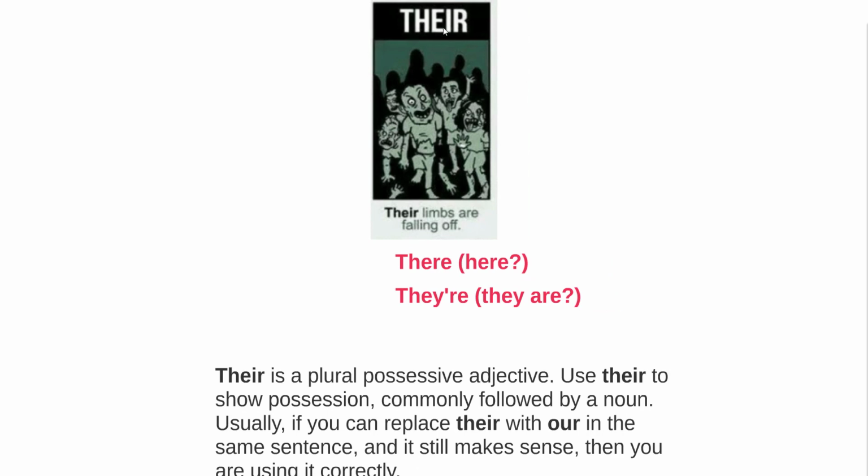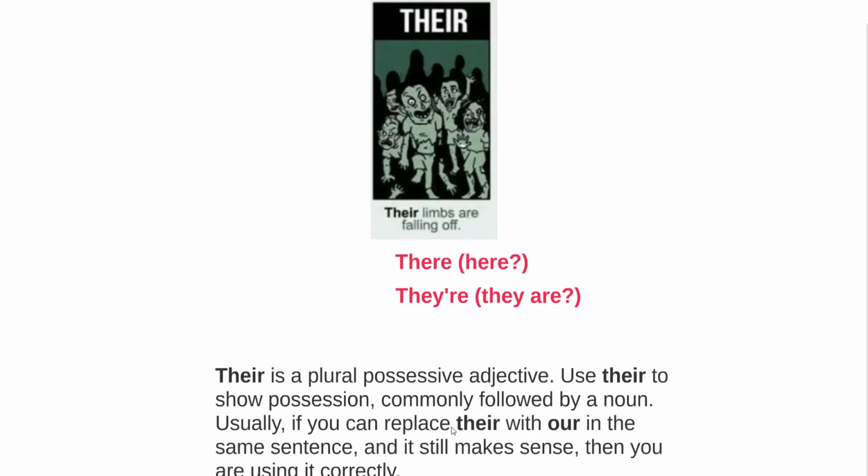Their, spelled like this, as in their limbs are falling off. Their is a plural possessive adjective, which are words almost as scary as zombies. Use their to show possession, is what they mean though. Commonly followed by a noun, as in limbs.